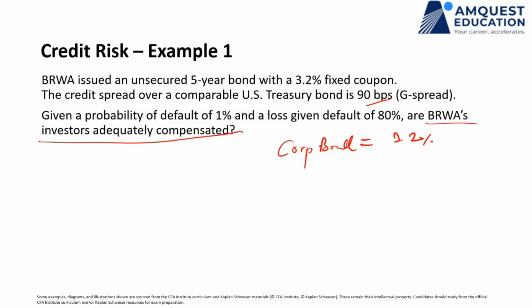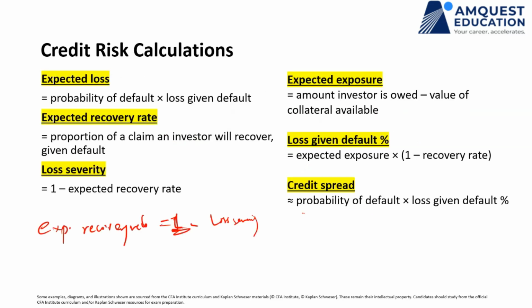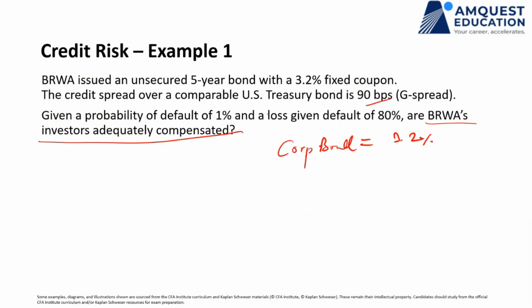Now remember, we just read an equation. Credit spread is probability of default into loss given default percentage, right? Our probability of default is 1% and loss given default is 80%.